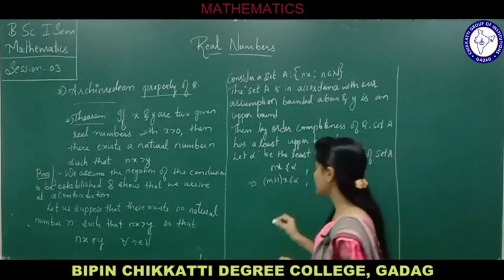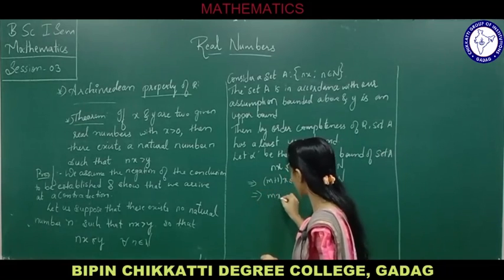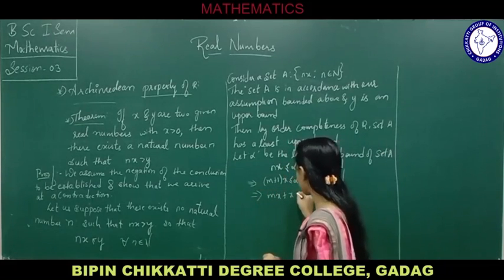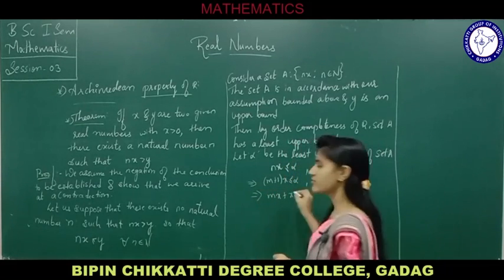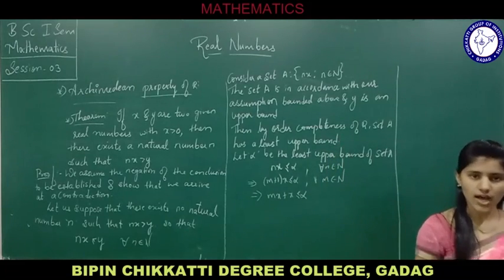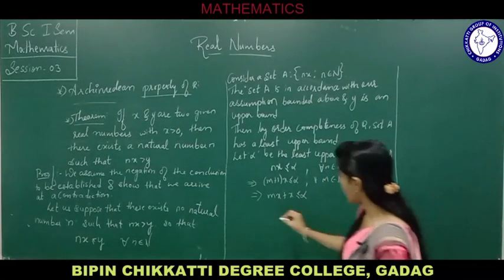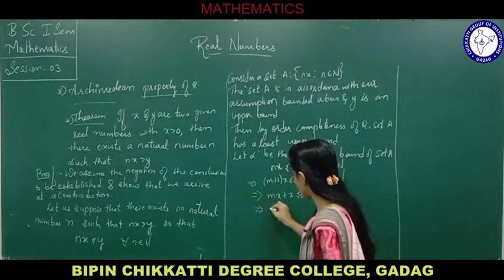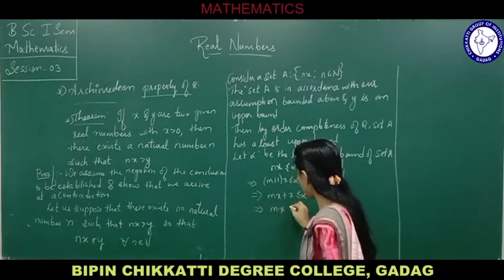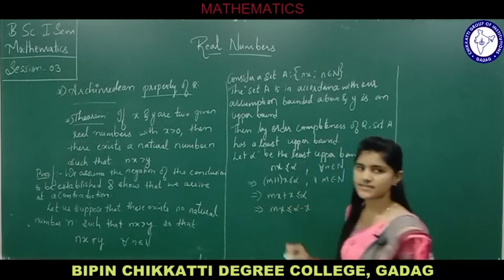Again, we can write it as m into x plus x is less than or equal to alpha. This implies m into x is less than or equal to alpha minus x.